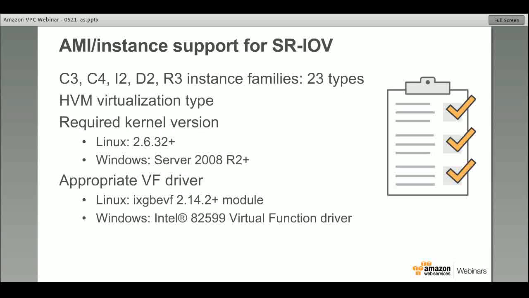When launching an instance, you can launch either as paravirtualized (PV) or HVM, and for enhanced networking, HVM is required. Again, you require certain versions of the base operating systems with the appropriate drivers. And this is all pre-configured in the very latest Amazon Linux AMIs and Windows AMIs, but can be enabled in older AMIs as well.